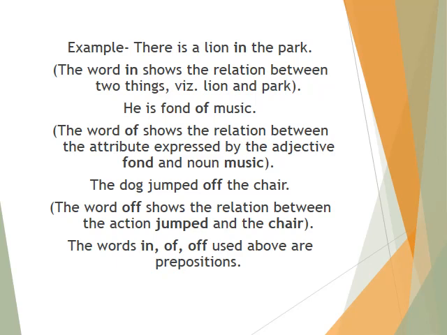For example, there is a lion in the park. The word in shows the relation between two things, namely lion and park. He is fond of music. The word of shows the relation between the attribute expressed by the adjective fond and the noun music.